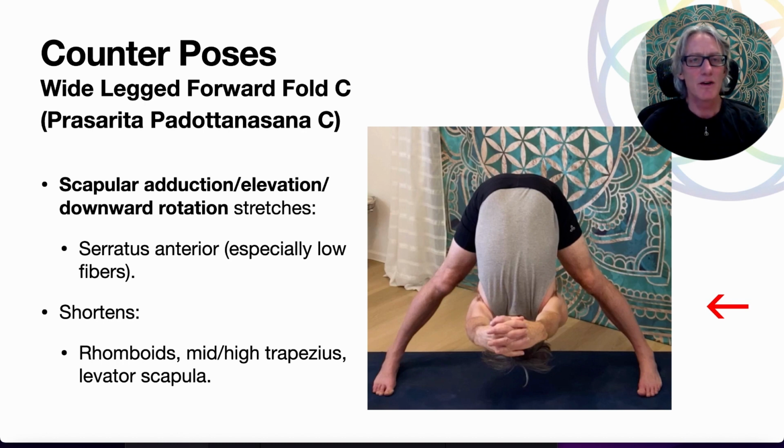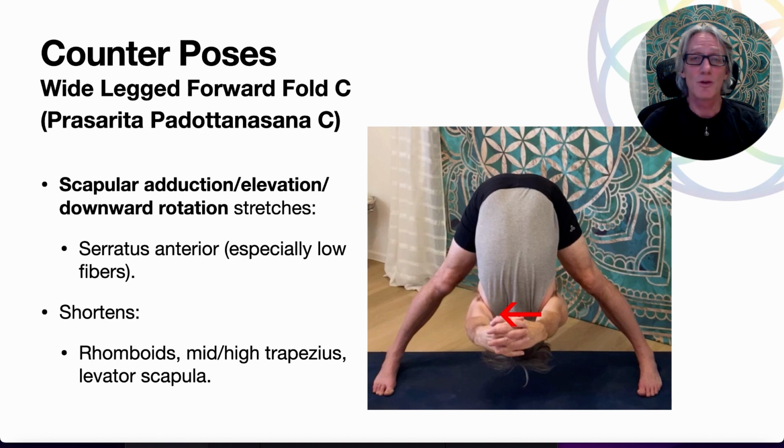What's happening here is that the scapula are adducting, elevating, and downwardly rotating. So that's going to be a big stretch for your serratus anterior muscle, especially the low fibers of it that are responsible for producing upward rotation, which is what often blocks full arm abduction.